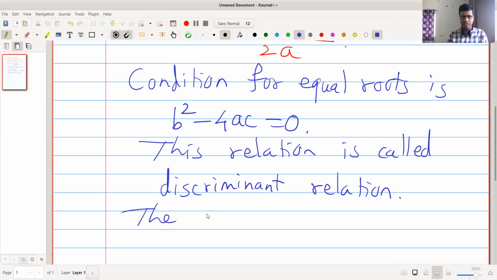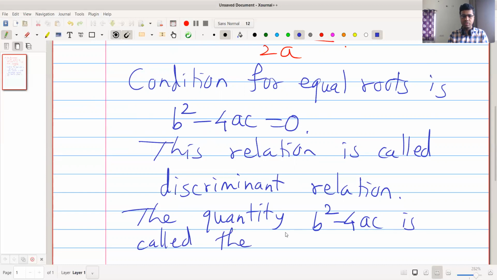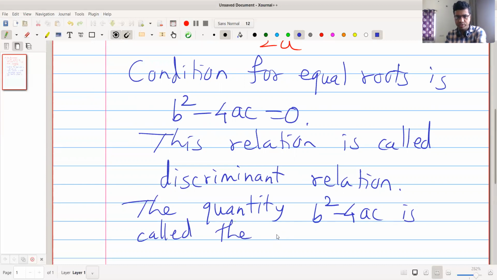And the quantity b square minus 4ac is called the discriminant of equation 1.